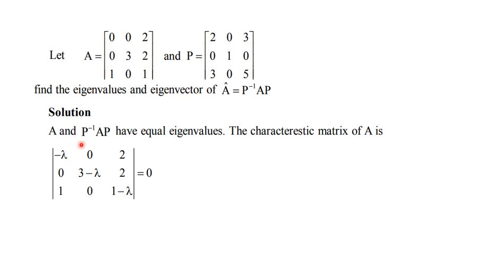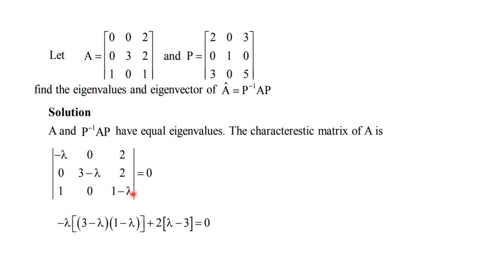So the characteristic matrix of A is A minus lambda I, that is (minus lambda, 0, 2; 0, 3 minus lambda, 2; 1, 0, 1 minus lambda), with determinant equal to 0. Evaluate the determinant. We have minus lambda into 3 minus lambda into 1 minus lambda minus 0, since the second entry is 0 here.